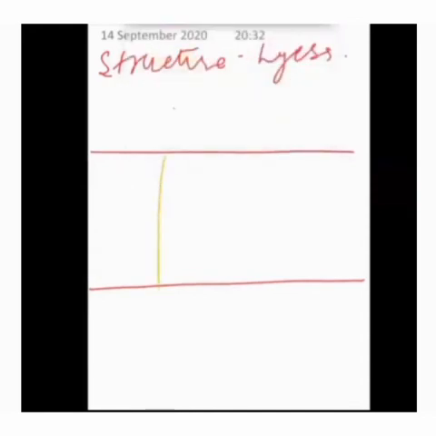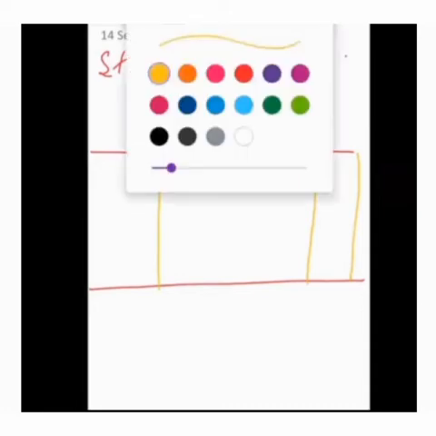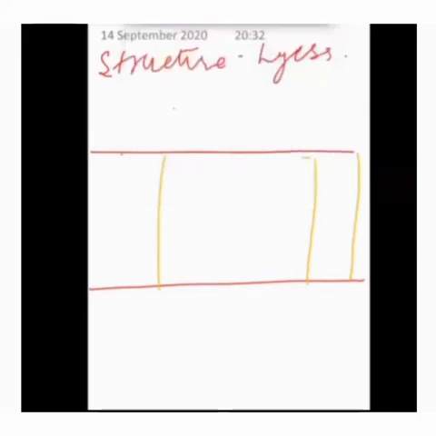Sorry, pericardium, myocardium, endocardium. Now, this pericardium consists of 2 layers. The first one is your fibrous layer, which I'm drawing like this, crisscross. I'm writing it as fibrous layer.